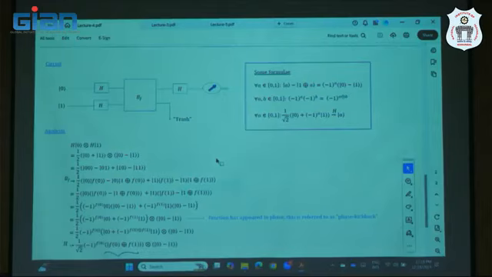Anything to the 0 is 1. So this one is 1. What is this? Ket 0 minus ket 1. So if a is 0, left hand side is ket 0 minus ket 1, right hand side is ket 0 minus ket 1. Agreed? Any question?